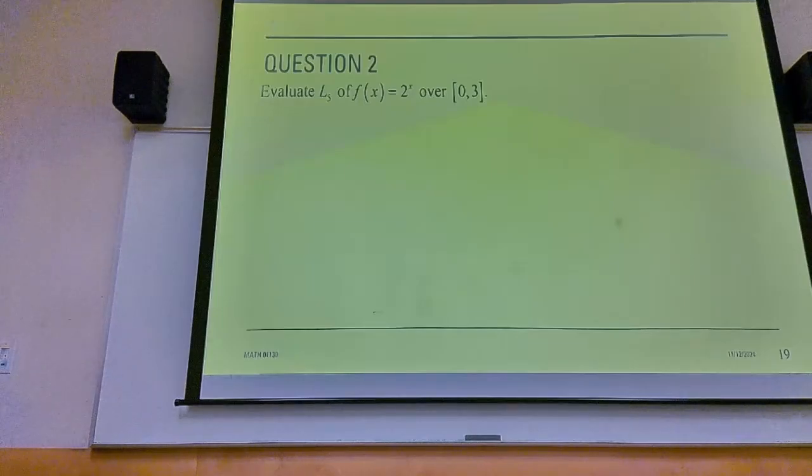L5 of 2 to the x over 0 to 3. L5 represents left endpoint, 5 subintervals. And they're regular. So what is delta x? Again, I will list out the subintervals.